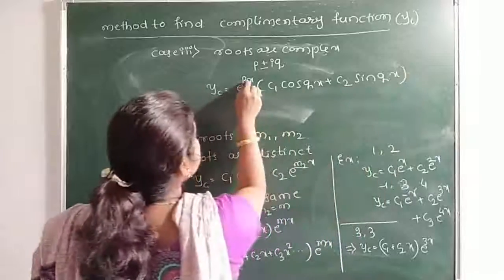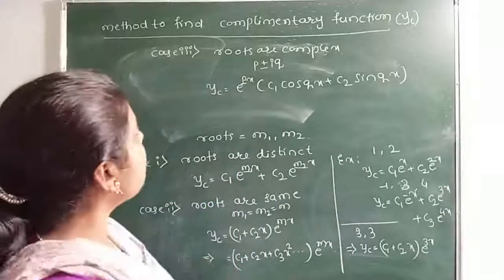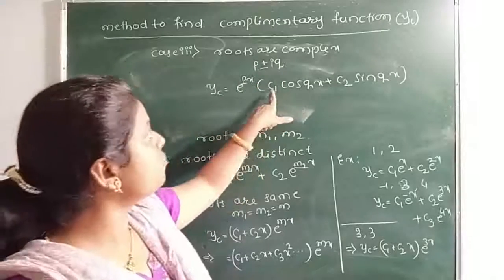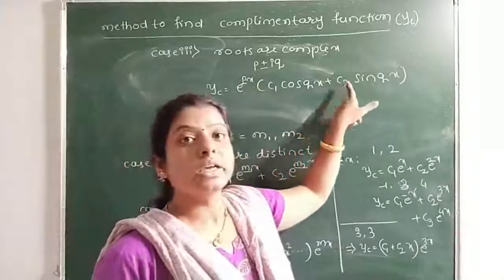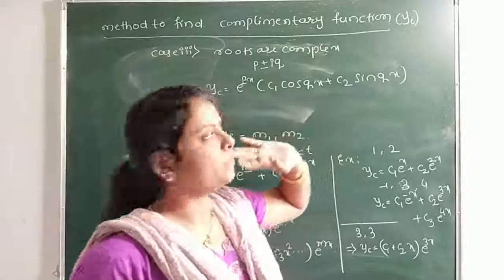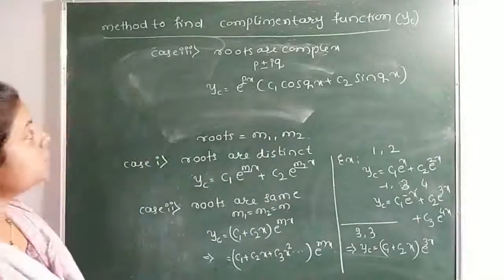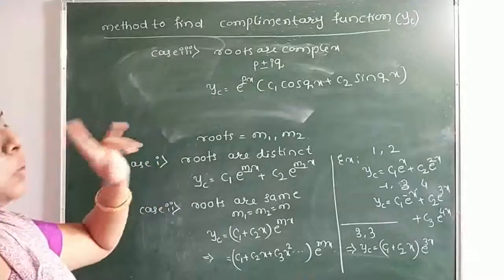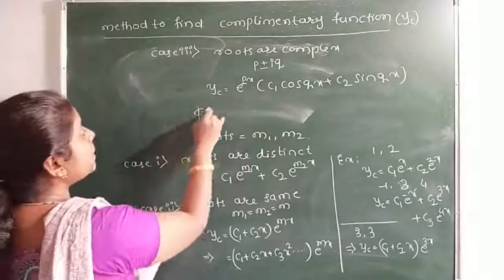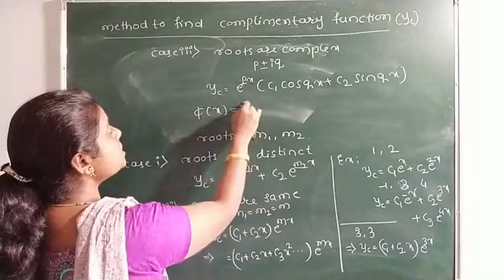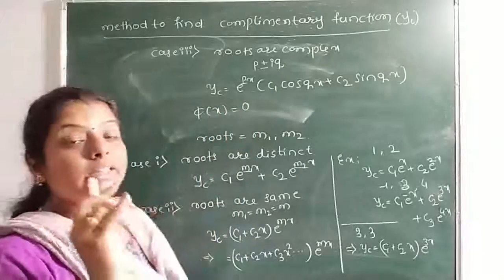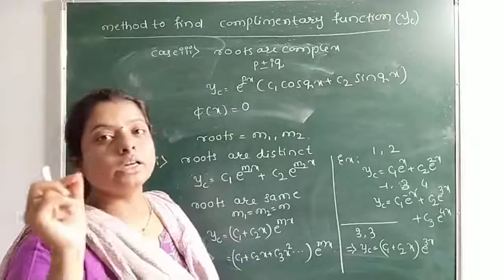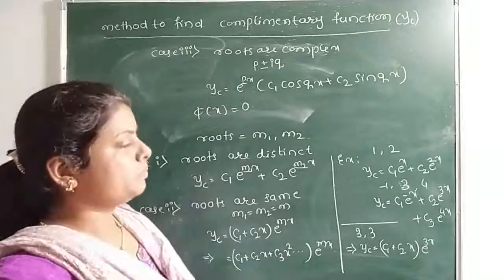The real part goes in the power of the exponential, and the imaginary part goes in the terms c1 cos qx plus c2 sin qx. Like this you write the complementary function. We apply this when the RHS part, f of x, becomes 0. Then only the complementary function becomes the general solution.